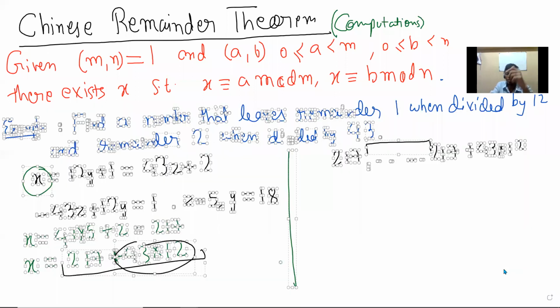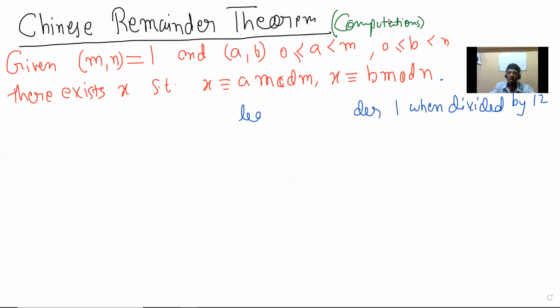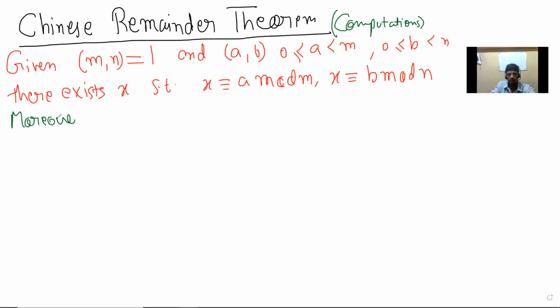We'll come to finding them in a more systematic way, but at least we can say that there exists an x, and moreover, between 0 and mn minus 1, or 1 to mn, there is a unique x.